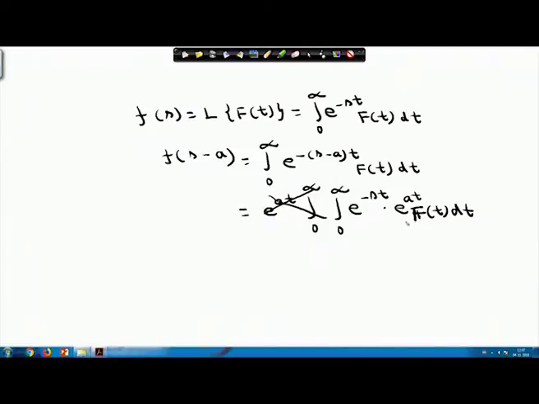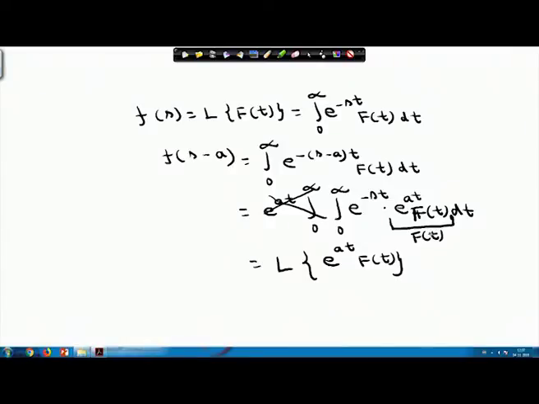And now, your function is what? Now, you see, this is your new f(t), say. So, this I can write down, this is nothing but the Laplace transform of e^(at) f(t), because the Laplace transform of e^(at) f(t), by definition, is 0 to infinity e^(-st) into this function, that is e^(at) f(t) dt.